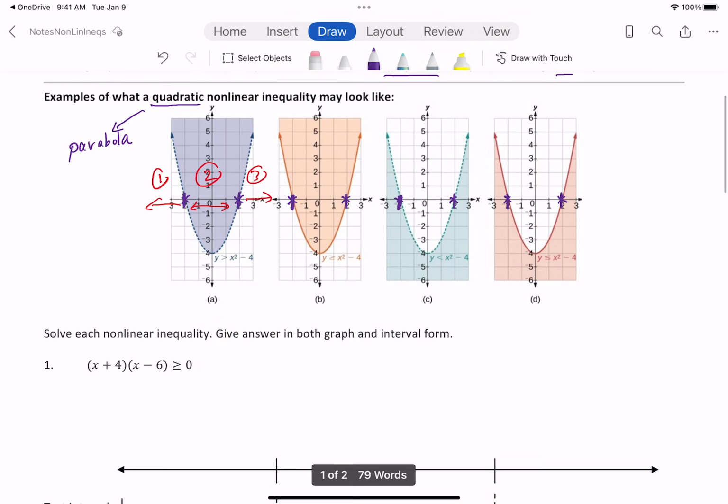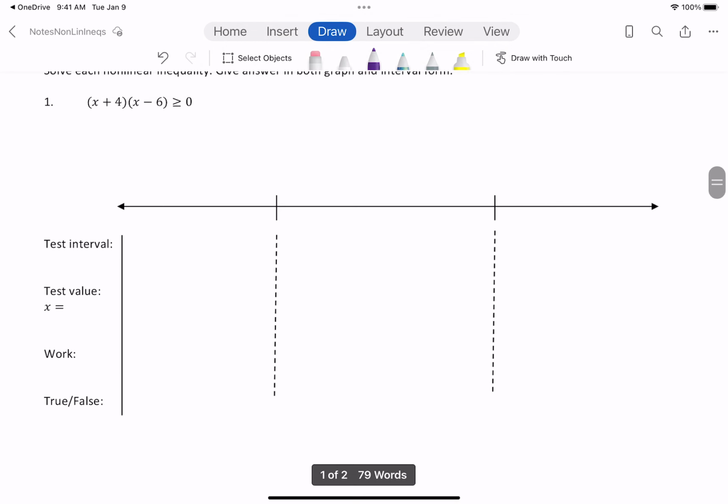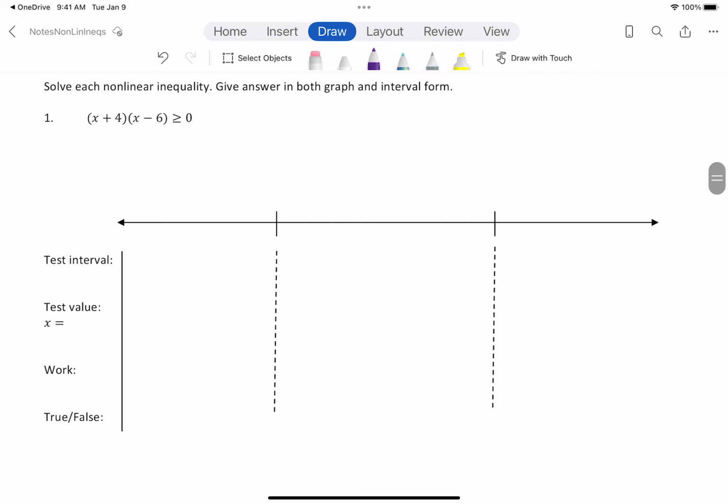So let's work an actual problem. This says solve the nonlinear inequality and give the answer in both graph and interval form. So this is my nonlinear inequality. You notice it is quadratic because I have an x times an x, which will give me an x squared.